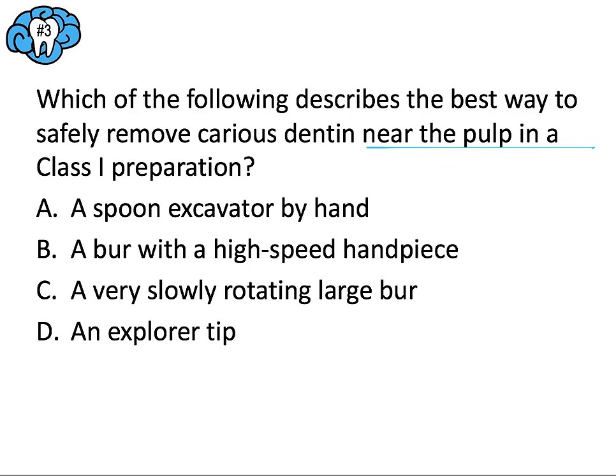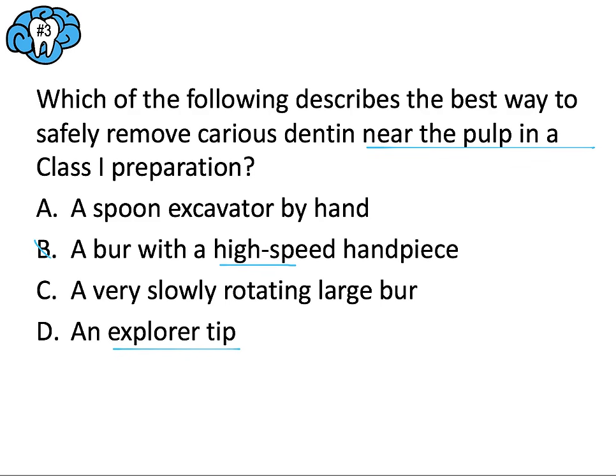And I would say that a high-speed burr and an explorer tip especially are actually quite dangerous to be using close to the pulp. A high speed should be used for preparing cavity walls, and the explorer tip is contraindicated entirely because you could actually quite easily pierce the dentin and create a small pulp exposure.